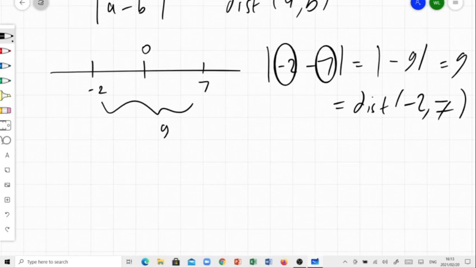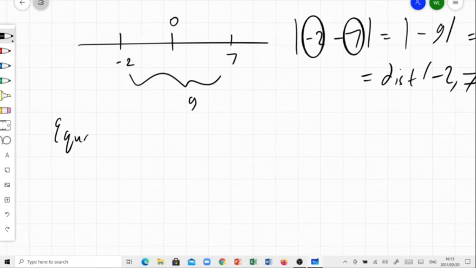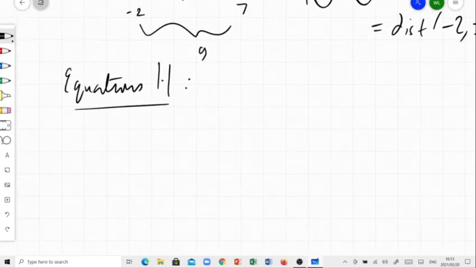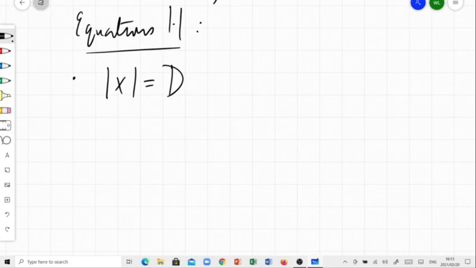Okay, so let's now look at solving equations involving the absolute value. They will come in many forms. One of them will give you a known number like d and say find all the x's such that the absolute value of x is equal to d.